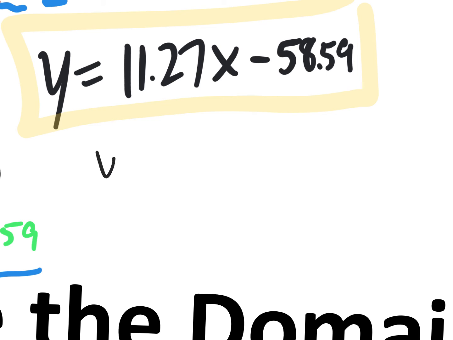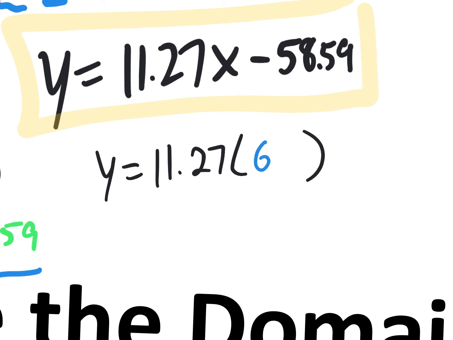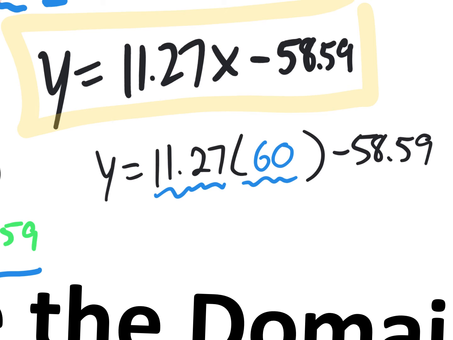So let's plug in y equals 11.27, but instead of x, we're plugging in the input 60, minus 58.59. So could somebody do me a favor and multiply on the calculator 11.27 times 60? Say again? 676.2.